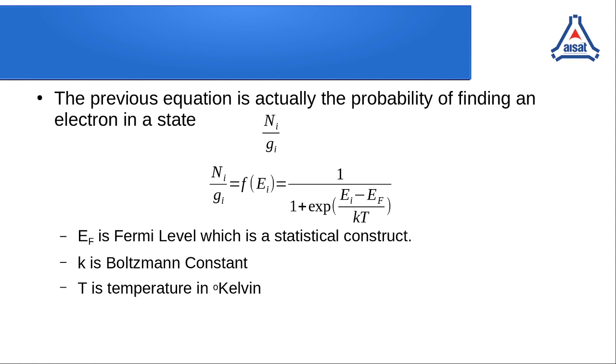So the equation f of Ei equal to 1 by 1 plus exponential (Ei minus Ef) by kT is called the Fermi function.